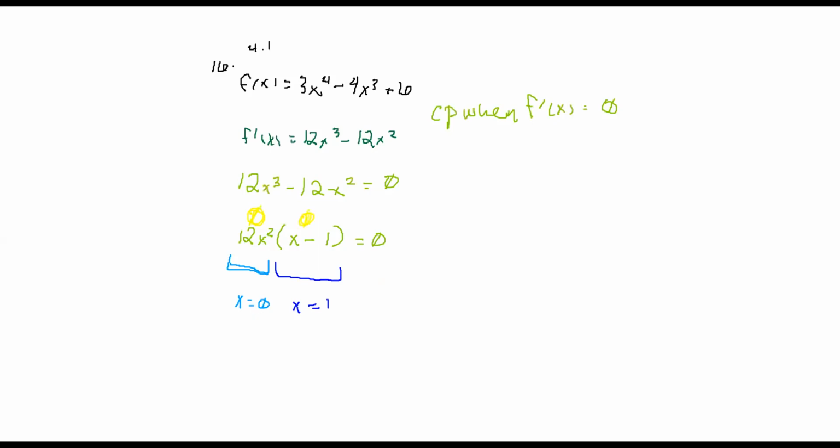And it's an either or thing, because if one of them is 0, the other one doesn't have to be. So x is equal to 0, 1. And this isn't like a point. It's literally just x is equal to 0 or x is equal to 1.